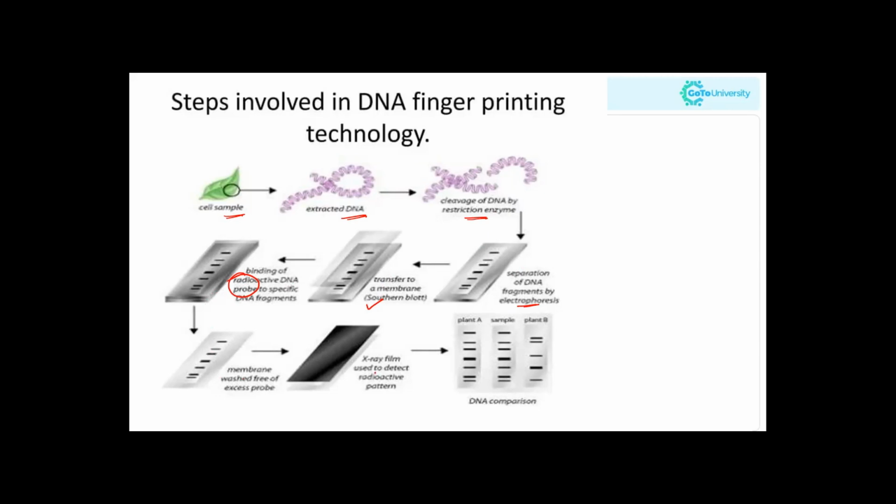And finally, it will be viewed under an X-ray film, and we can compare the DNA molecules, for example, for parentage issues, we can use this technique to find out whether the DNA sample matches with the control or the sample to be studied.